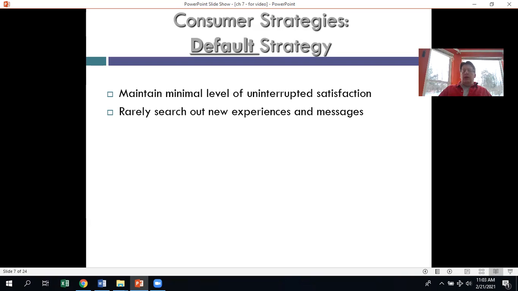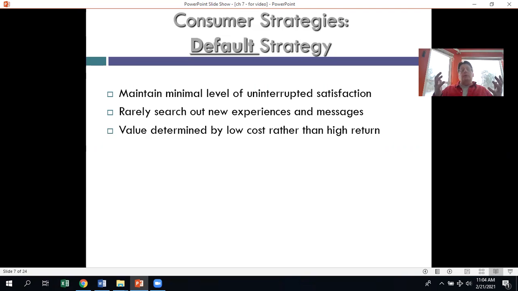So there might be a lot of things out there that we might like better, but we don't make the effort if we're not using our media literacy skills. Value is determined by low cost rather than high return. So there might be, for example, a movie that is really appealing to you, but you have to pay to get it. You'd actually have to buy the movie on Amazon Prime or something like that, as opposed to whatever's already on the subscription service you have.